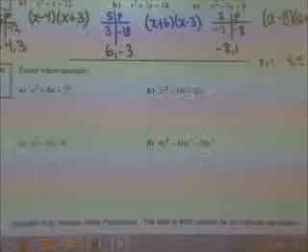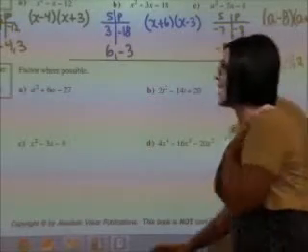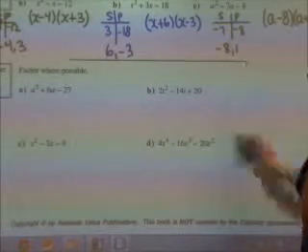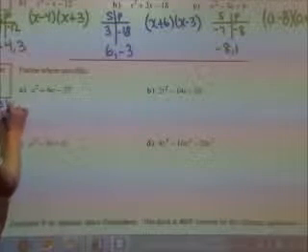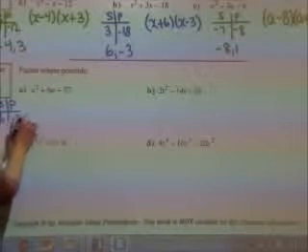What would I have for question 2A? What would my sum and product chart look like? Sum is 6, and product is negative 27. What are my two numbers that multiply to negative 27 and add to positive 6?